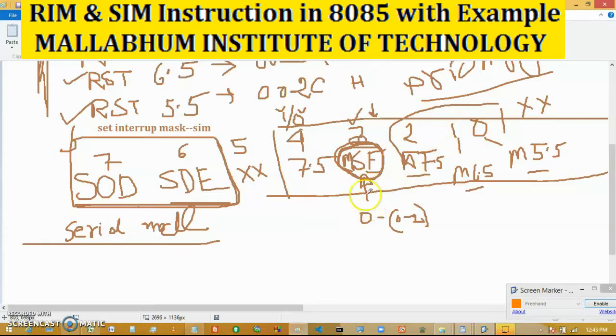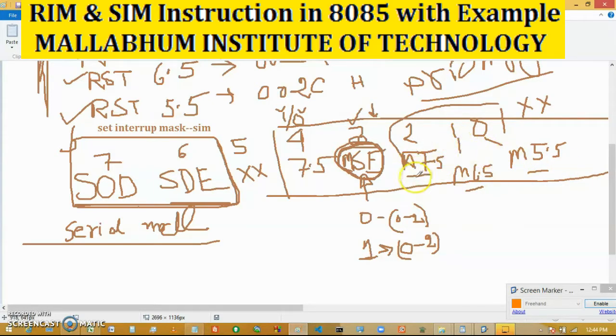That means if it is 0, these 3 bits are off, and if it is 1, then we can set the function of bits 0 to 2. That means if it is 1, these 3 bits are in the on state. Now according to the bit pattern of these 3, we can set or reset these 3 interrupts.